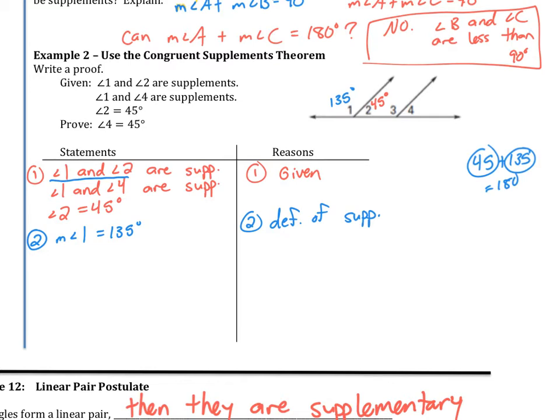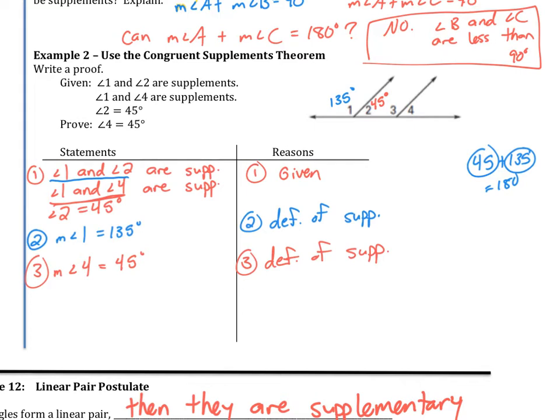All right, and then we could do step 3. So in step 3, if angle 1 is 135, how big is angle 4? Because angle 1 and angle 4 are supplements. What does that mean? Well, now I would say the measure of angle 4 is equal to 45 degrees by definition of supplements, right?